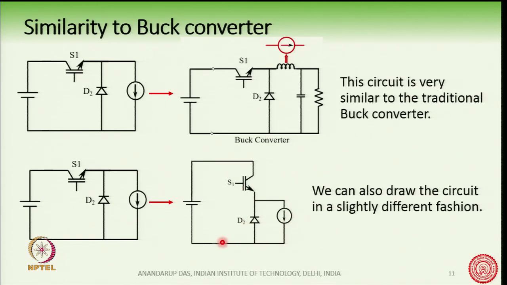This circuit is exactly similar to the left hand circuit. So, both these circuits are the same. I have just redrawn it. I will come back to this circuit a little bit later.